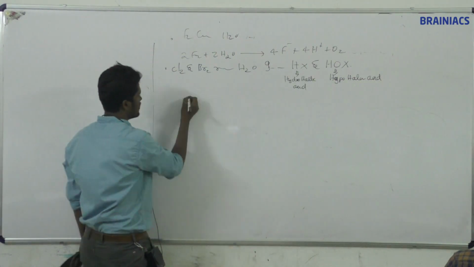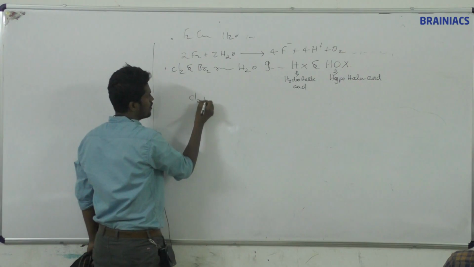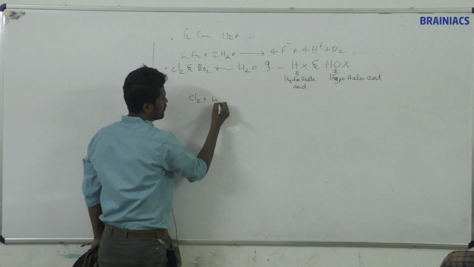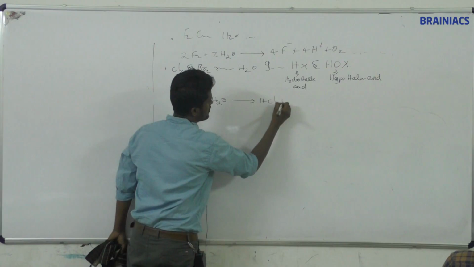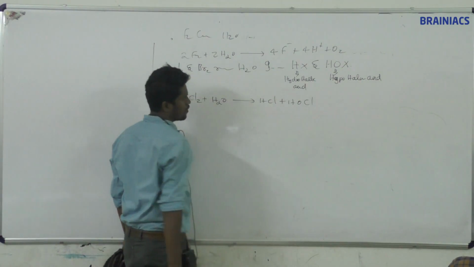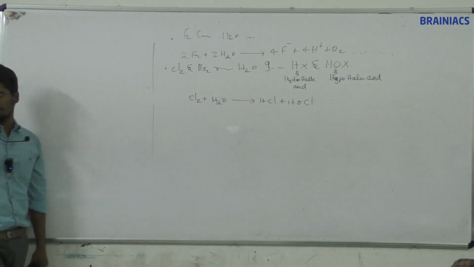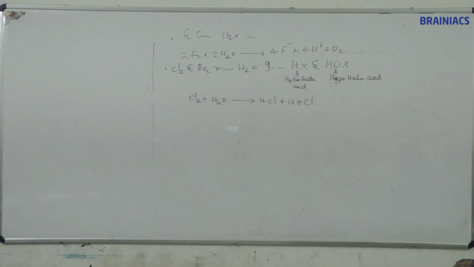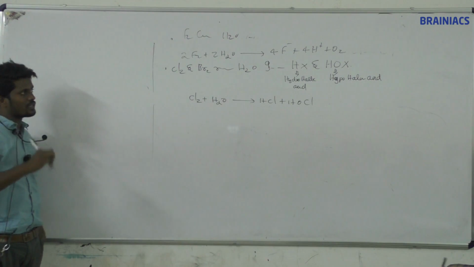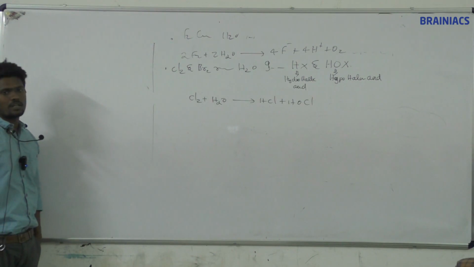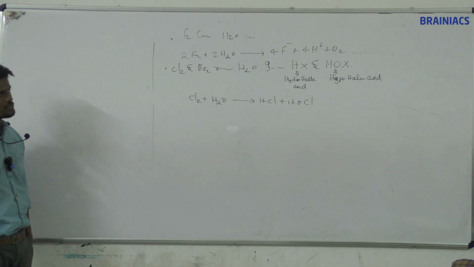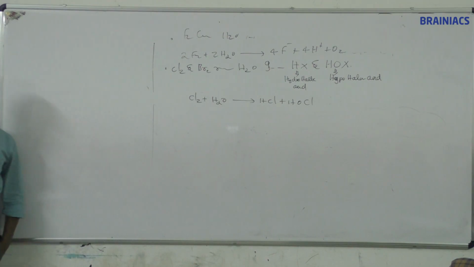So that is Cl2 and Br2. Cl2 plus H2O gives what? HCl plus HOCl, hydrochloric and hypochlorous acid. Cl2 and Br2 reacting with water gives hydrohalic and hypohalous acids.